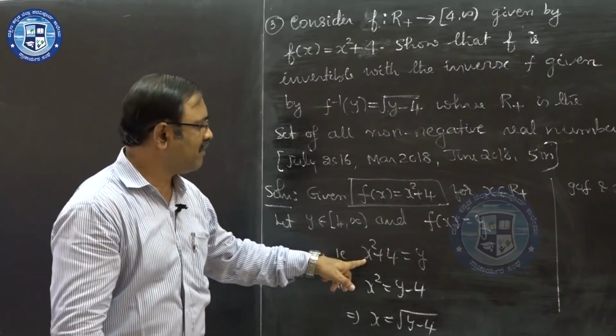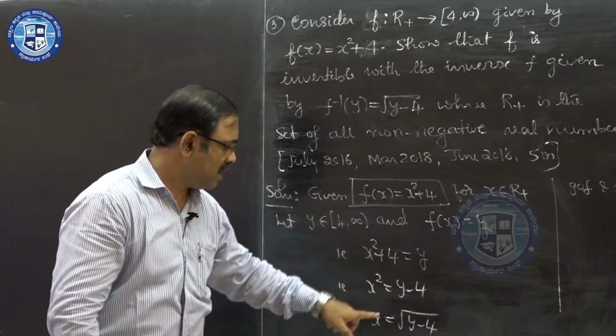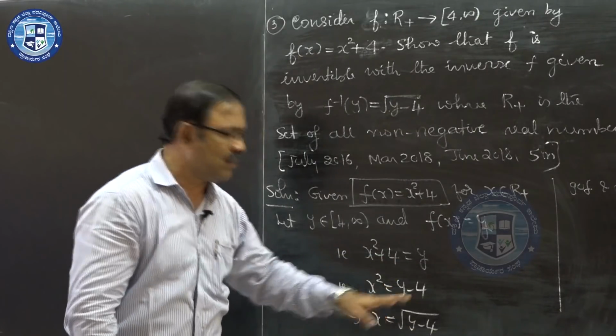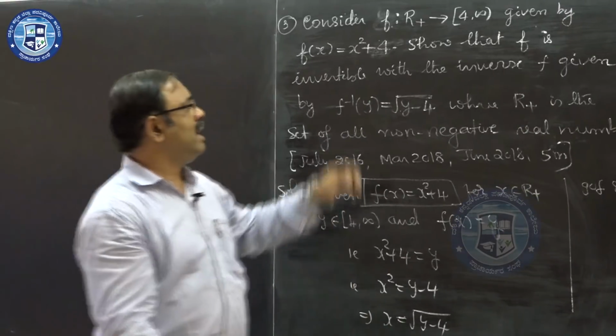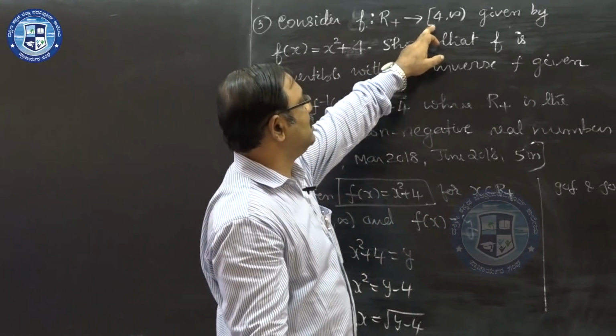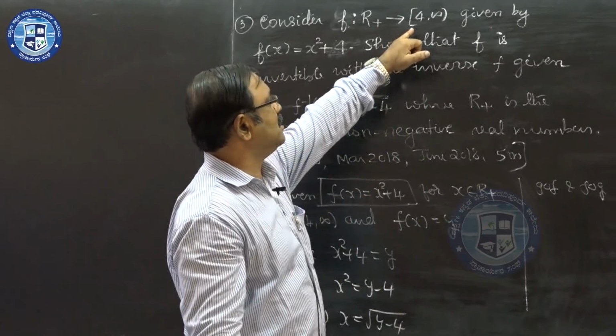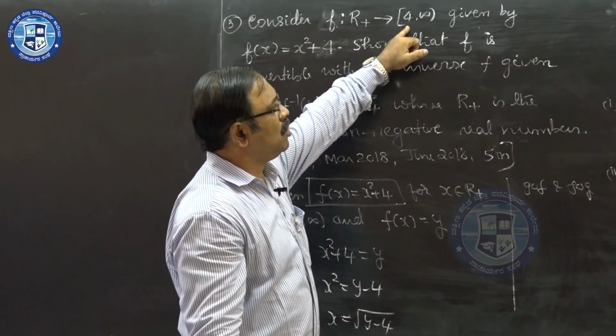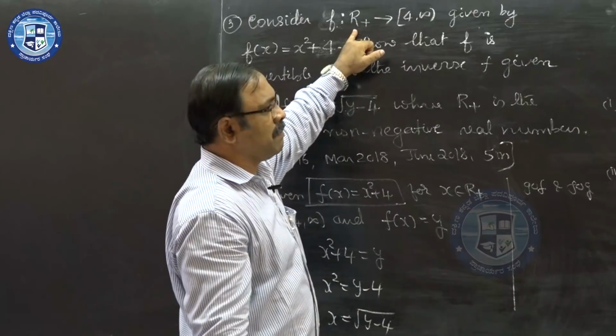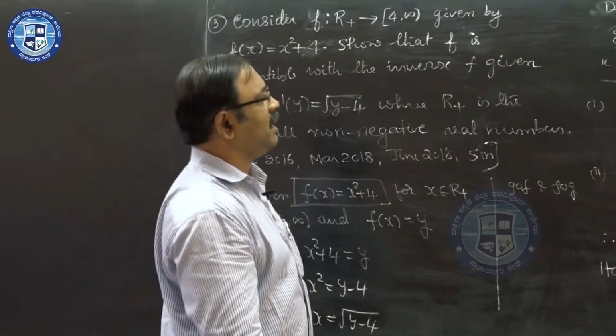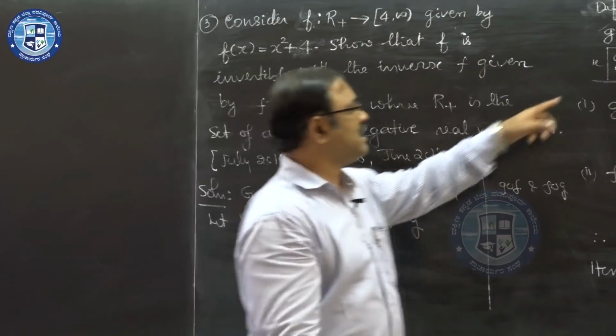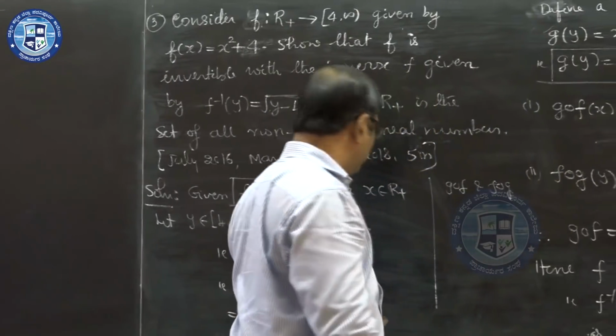But already f of x is x square plus 4, so you find x equal to root of y minus 4. Now you can define a function g from [4, infinity) to R plus by g of y equal to x, which is root of y minus 4.